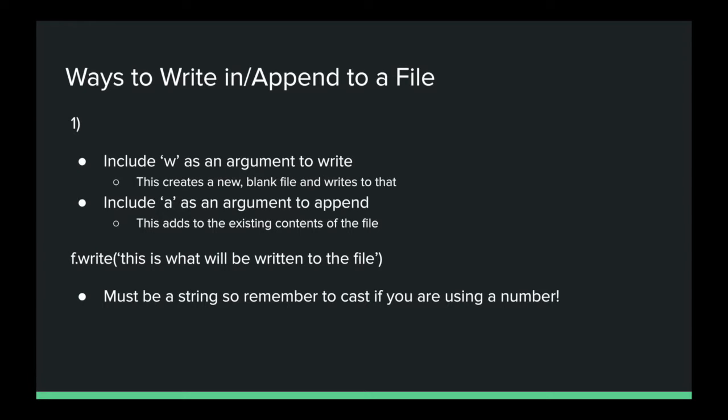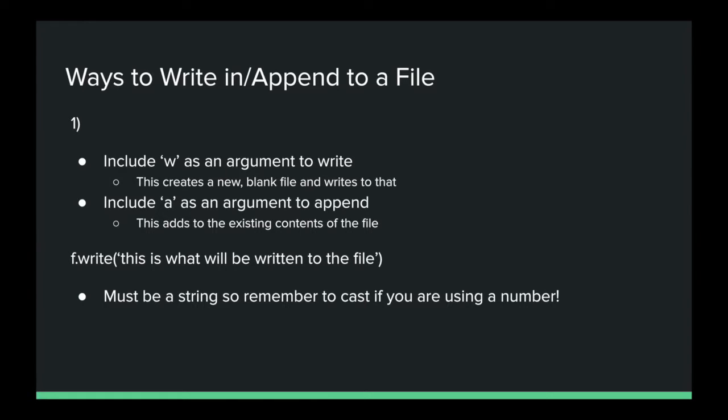This is important to note when you're picking the file name for a file you're writing to, because if you choose a file name that already exists, it'll erase everything that's in that file and then fill it with whatever you're trying to write. So just make sure you're not using a file name that already exists or whose contents you don't want erased. One way to bypass that is to use the a argument. A stands for append, which basically means adding to the existing contents of the file.